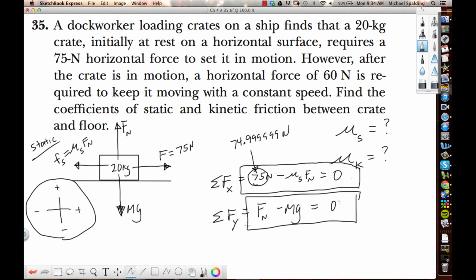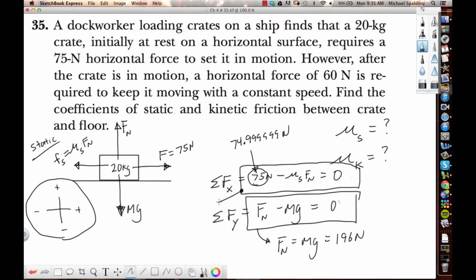Now we can solve the problem. What's the normal force going to be equal to? mg. When you plug in m is 20, gravity's 9.8, this is 196, I think. Is that right? So the normal force is 196.